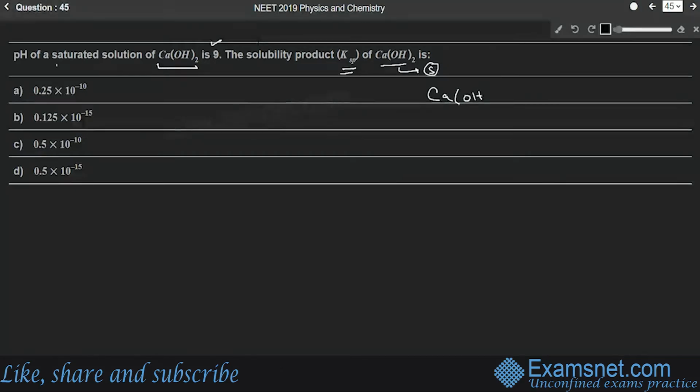We have calcium hydroxide, and when it gets broken, then the resulting ions will be calcium ion Ca2 plus and 2OH minus ions, right? Both in the aqueous state. Now we know that the solubility of calcium hydroxide is S. Then what will be the solubility of calcium ion after the reaction? It will also be S. And that of OH minus ions will be 2S, because 2 moles of OH minus ions are there.